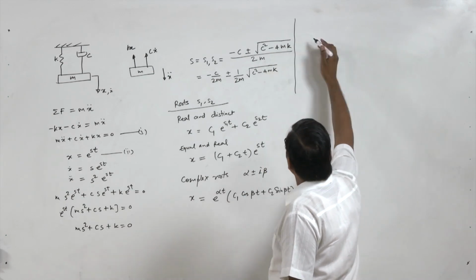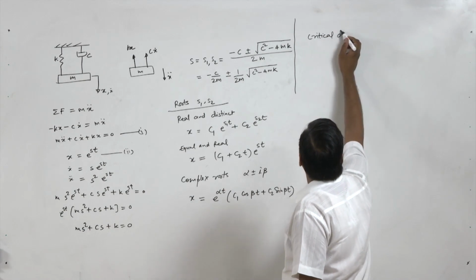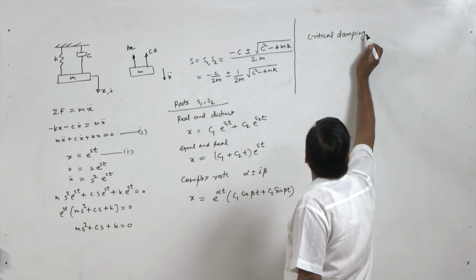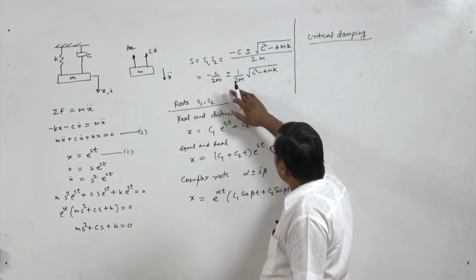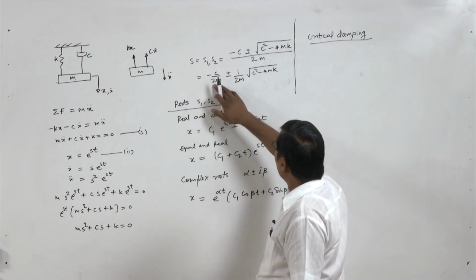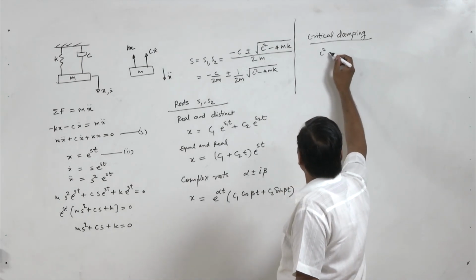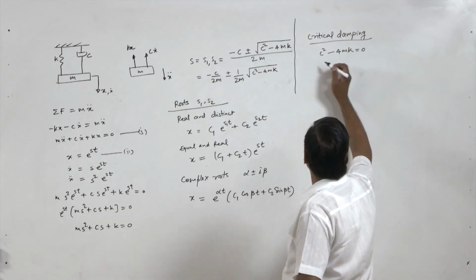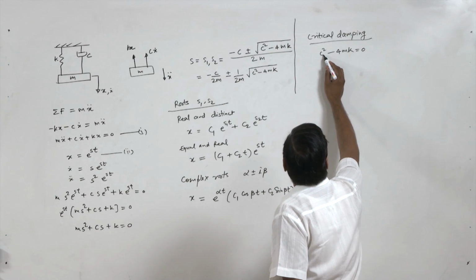now we define critical damping. So critical damping comes when we have the equal and real roots. So equal and real roots means this term is 0. So c square minus 4mk equal to 0. So here we have, and this c is cc.